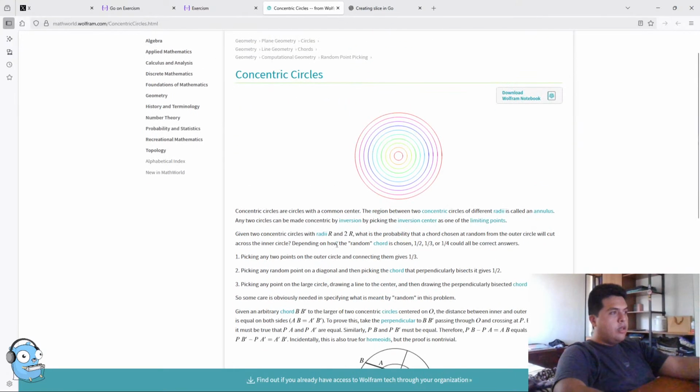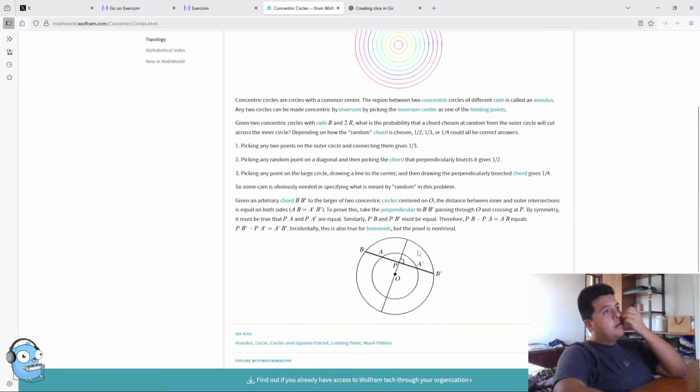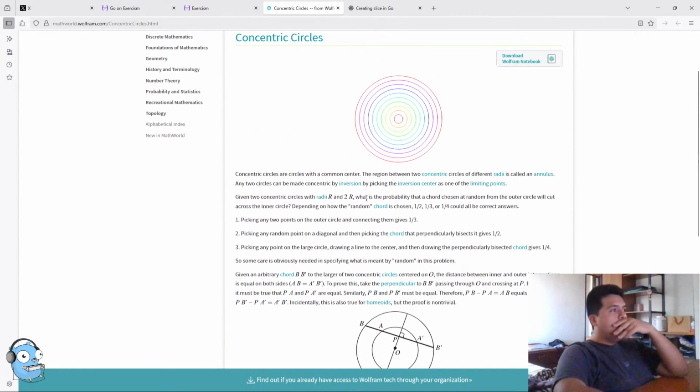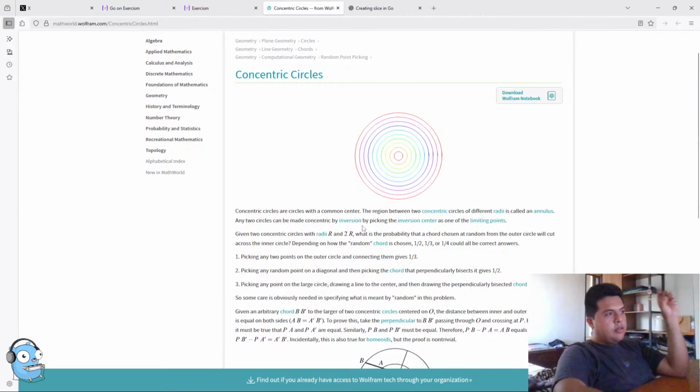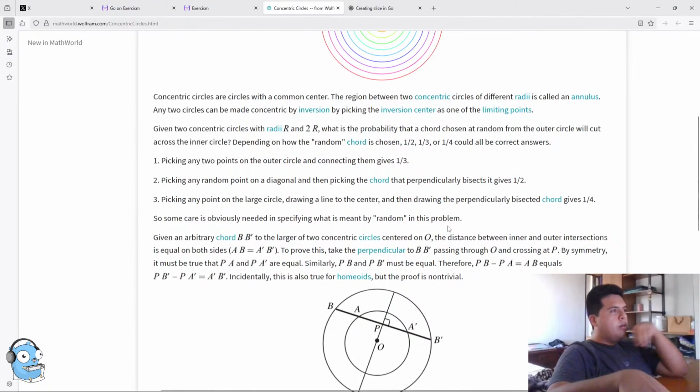I will need to use concentric circles. Given the two concentric circles with a radius of r, 2r, pick any of the two outer circles and connect it with a chord.